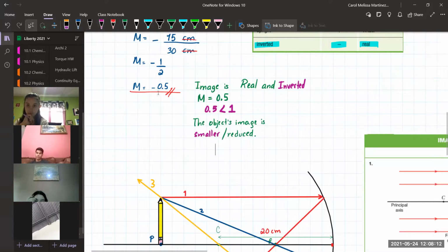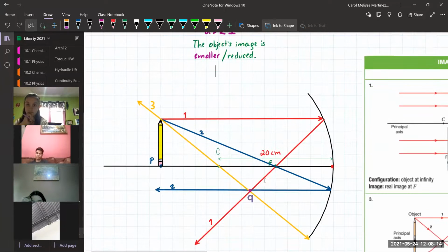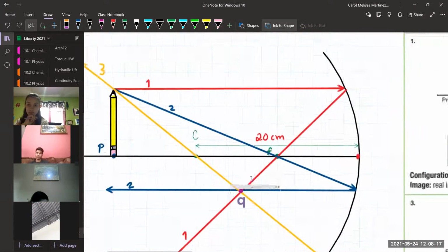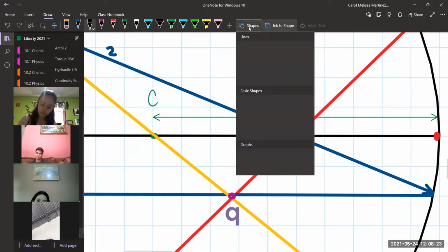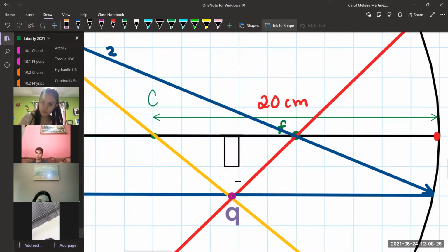So I'm going to place my object, my image, right there at this point, in the same way that the object told you. That is upside down. My pencil is upside down. Okay.